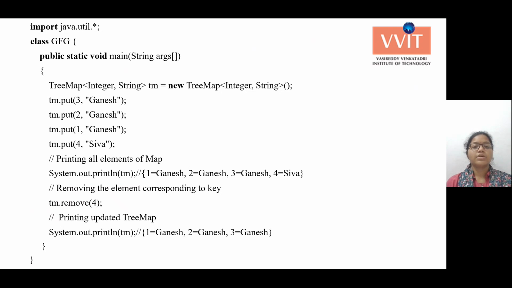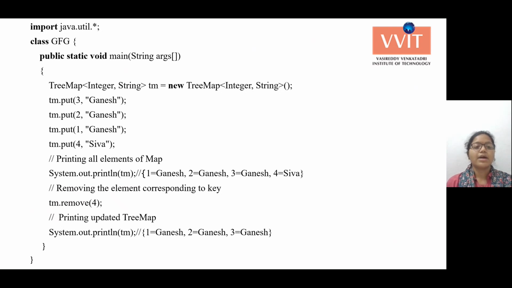So first I create a TreeMap using the constructor, and using the put method I am inserting the key value pairs. Here tm.put(3, Ganesh). Here 3 is the integer, that means it is the key, and Ganesh is a string, that means it is the value associated with the integer.